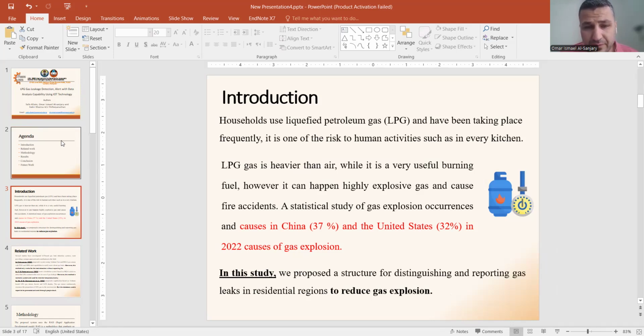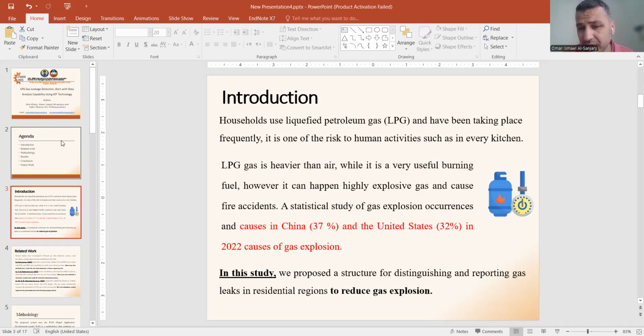For example, in China there are 37% of explosions, and the US has 32% of the world's explosion cases. In this study, we are going to propose a new method that can detect LPG leakage.